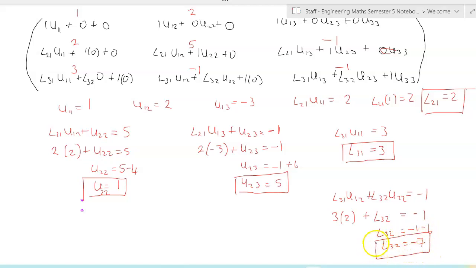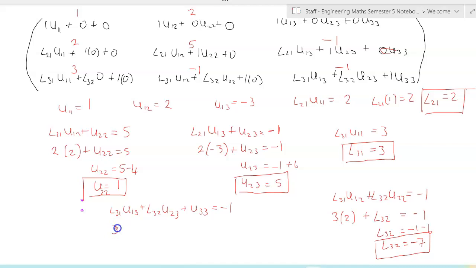The only thing we have to find now is L33, and we'll use this equation here. So I'll just put it in here. L31 times U13 plus L32 times U23 plus U33 equals -1. L31 is equal to 3.